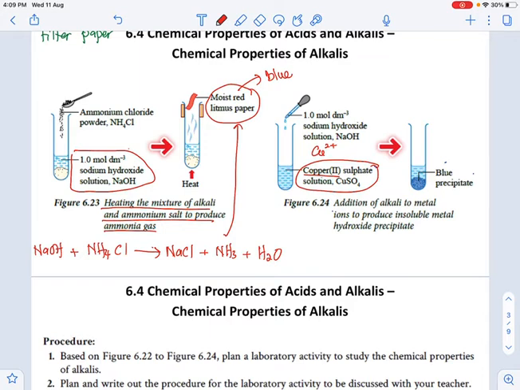A blue precipitate is formed. Sodium hydroxide reacts with copper(II) ion to form copper(II) hydroxide plus Na⁺. So 2NaOH gives 2Na⁺. Here is the blue precipitate.